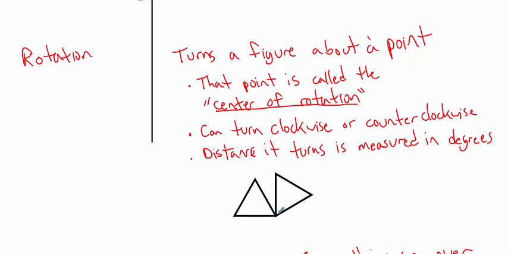And we can see in this one, this is our center of rotation, and it's turning from here to here 90 degrees. So we could say that this shape turns clockwise 90 degrees about this point, the center of rotation.